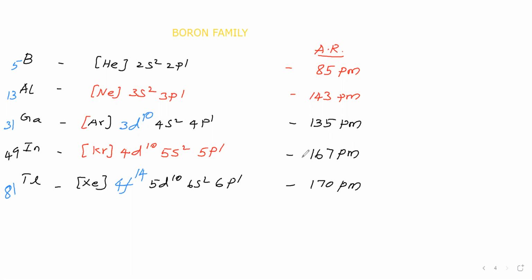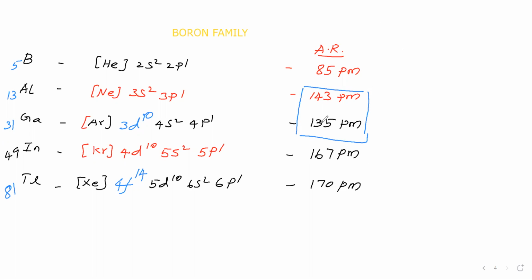Is there any exception here? That is aluminium to gallium. Generally, down the group, atomic radius increases.